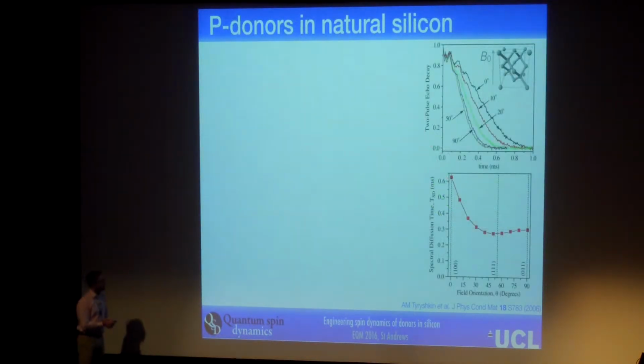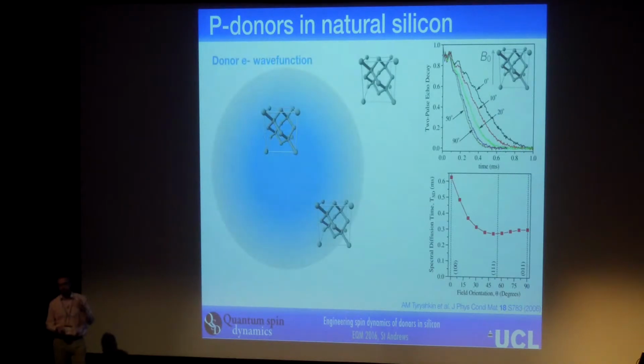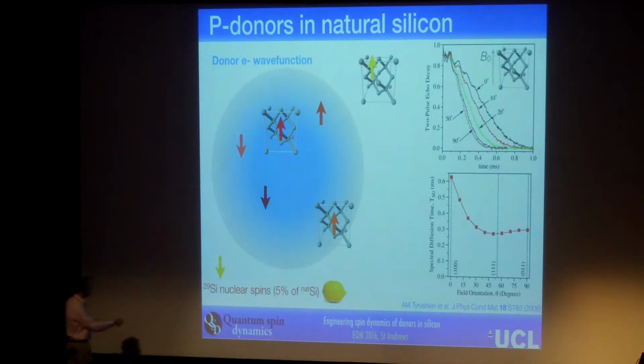And to answer that, we then need to consider the isotopic composition of silicon. I've shown here a cartoon of the donor wave function, and I've just dropped in a few silicon unit cells. And 5% of natural silicon is silicon-29, and that has a nuclear spin of 1/2.